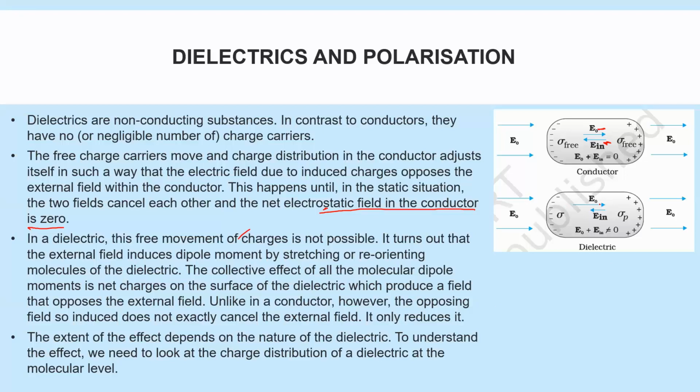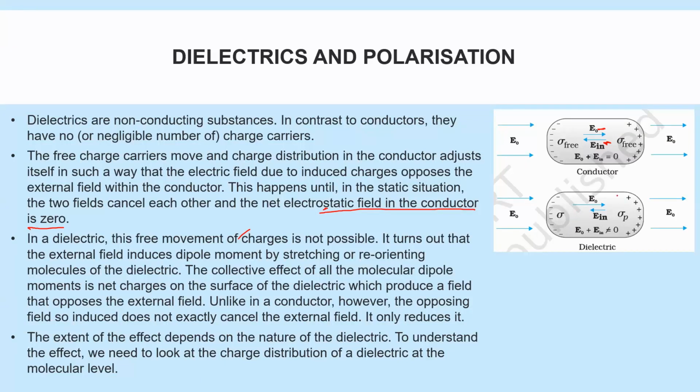So as we saw in a conductor, the electric field due to induced charge opposes the external field. Over here there is no induced charge because charge carriers are not there, but you have molecular dipoles that are forming.